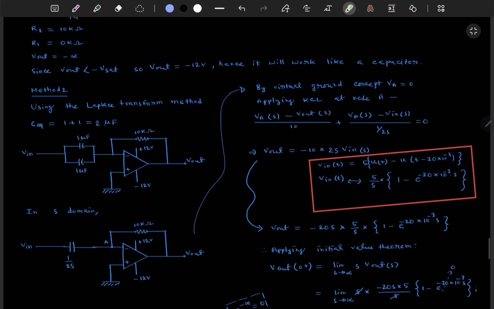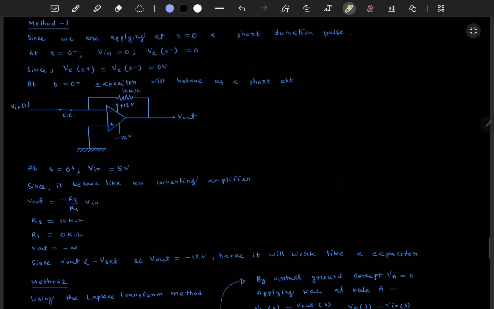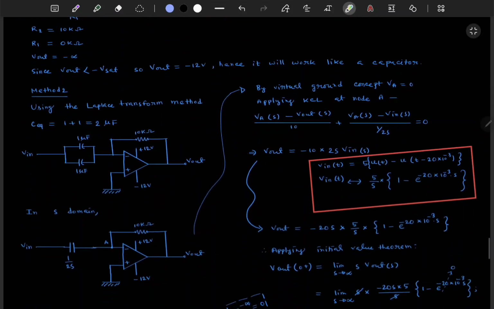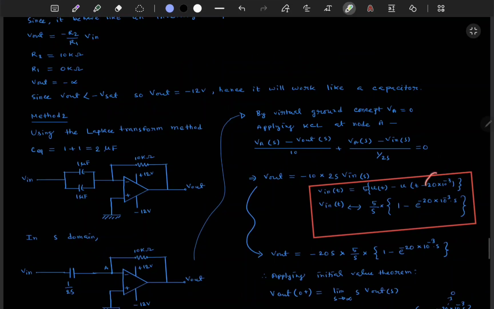Now the input voltage you can also write in terms of unit step functions. Here it is from 0 to 20 millisecond and the amplitude is 5 volt. So 5 into one unit step here, and then minus another unit step starting from 20 milliseconds.